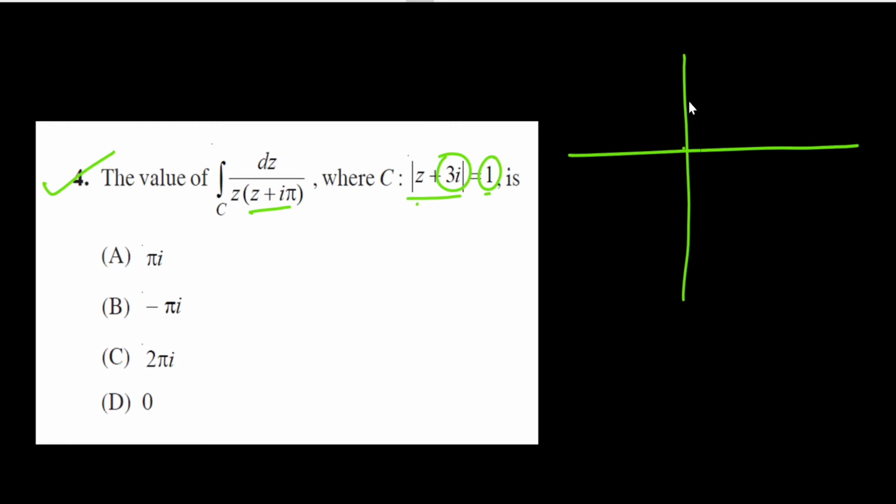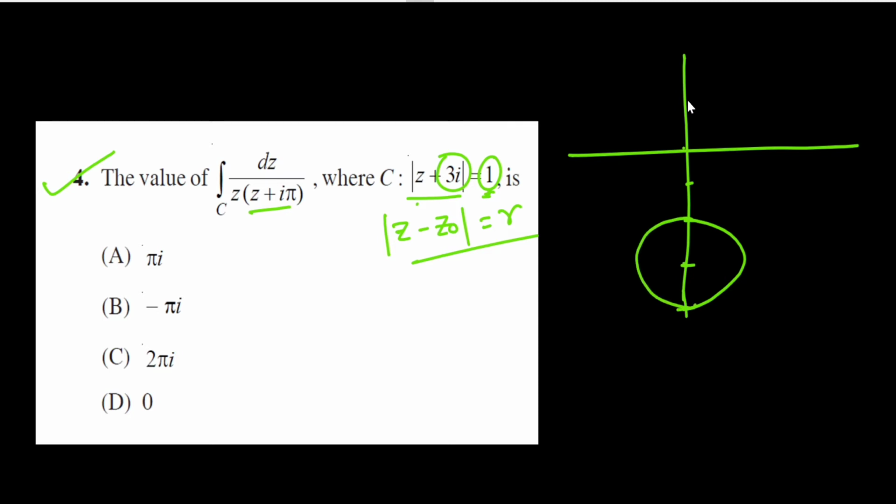So this is 0, minus iota, minus 2 iota, minus 3 iota, and minus 4 iota. The radius of the circle is 1 and the center is minus 3 iota, because the general form is mod of z minus z0 equal to r. This is the general form. So this is minus 3 iota, and we draw the circle like this.